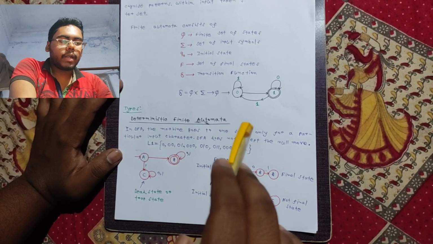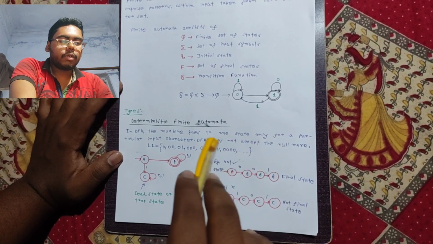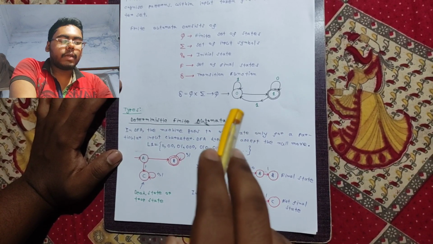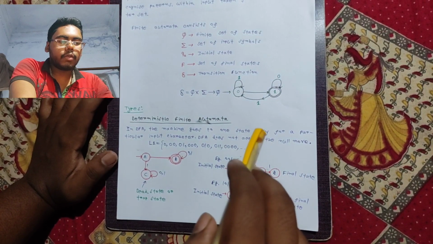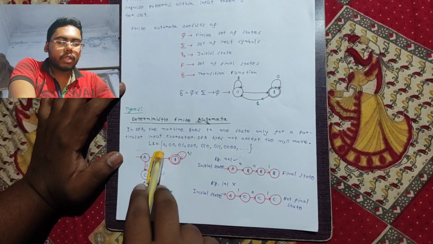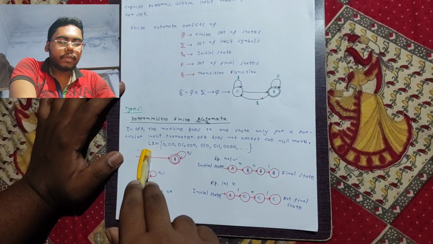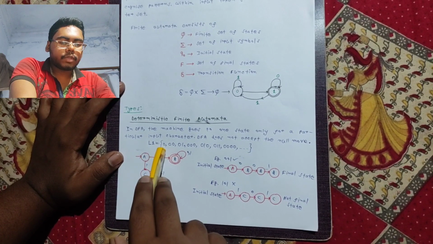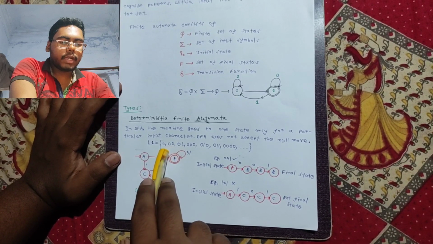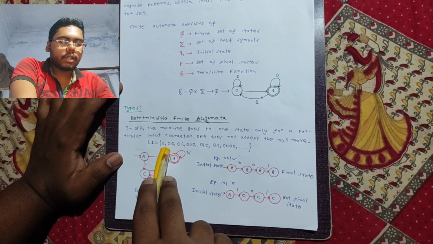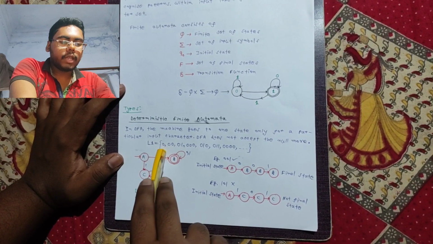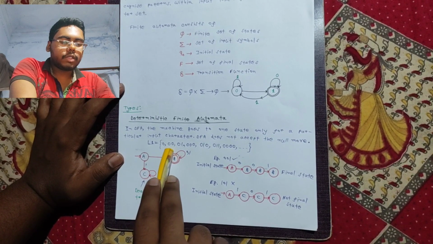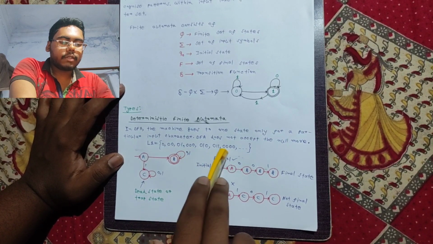There are no multiple outputs for a single input; there is only one output for a single input and we know that output. Here we have taken a list of strings which start with 0, like 0 0 0 0 1 0 0 0 etc.